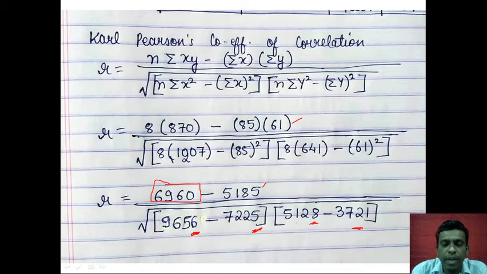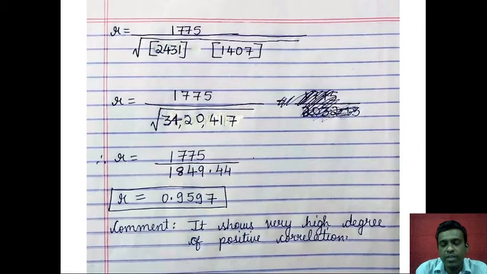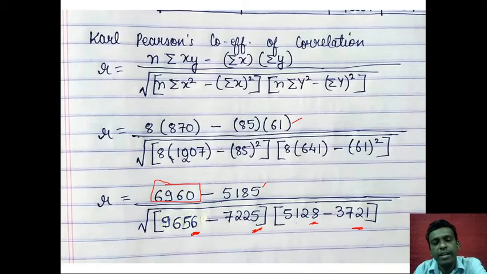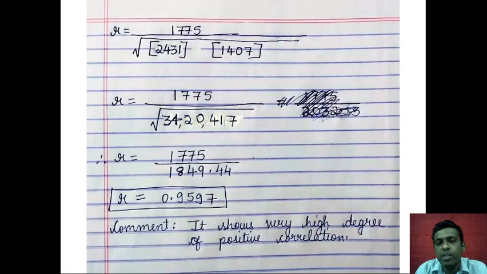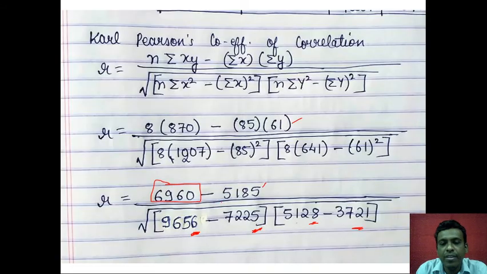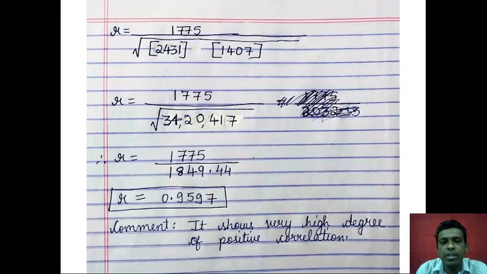So always solve the bracket first. So numerator does not have any bracket, so 6960 minus 5185 is 1775. So 1775 divided by square root of, see here, 9656 minus 7225 is 2431, and then 5128 minus 3721 is 1407.